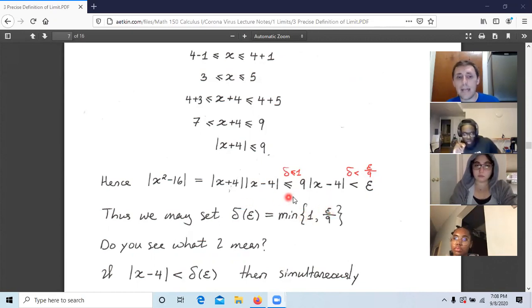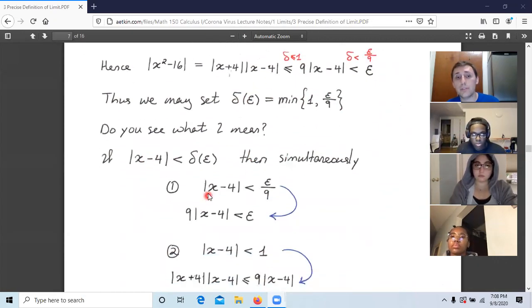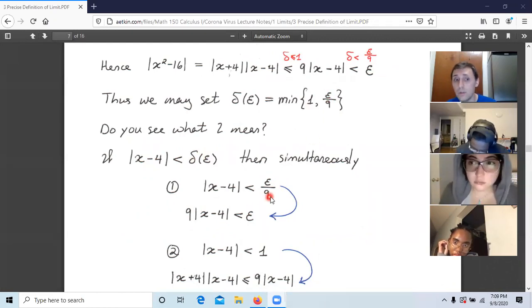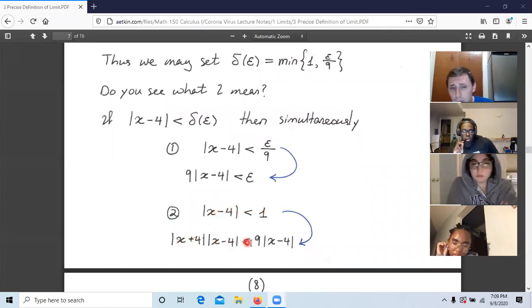So what happens if I use this delta? If I use this delta, then simultaneously absolute value of x minus 4 is less than epsilon over 9, which means 9 times absolute value of x minus 4 is less than epsilon, by property 1, because if x minus 4 is smaller than the minimum of those two numbers, it's therefore smaller than epsilon over 9. So this is true. And second part is that if x minus 4 is less than 1, then x plus 4 times x minus 4 is less than 9 times x minus 4.